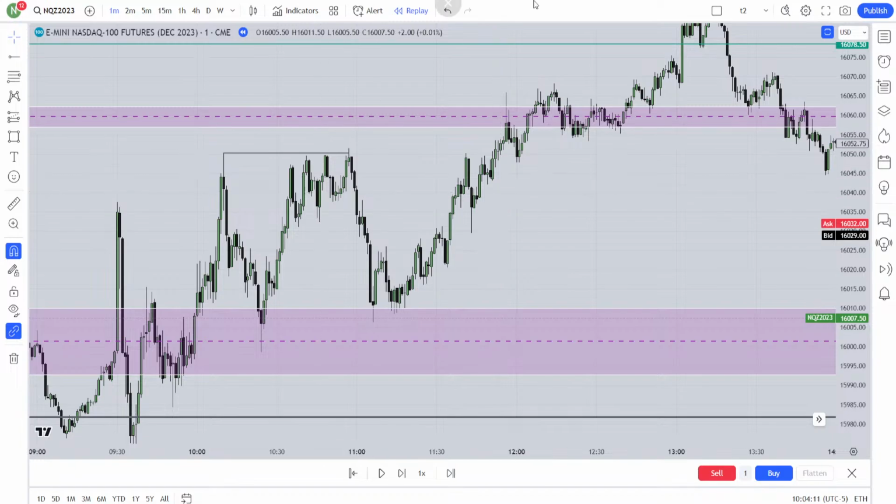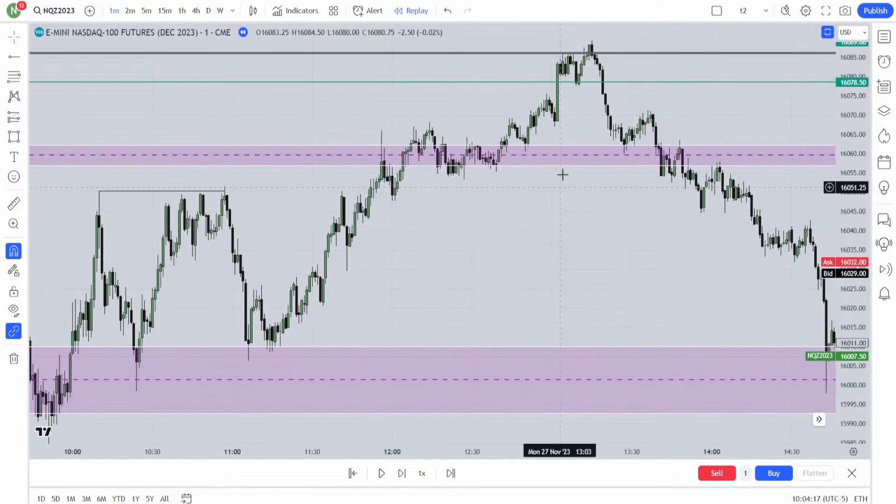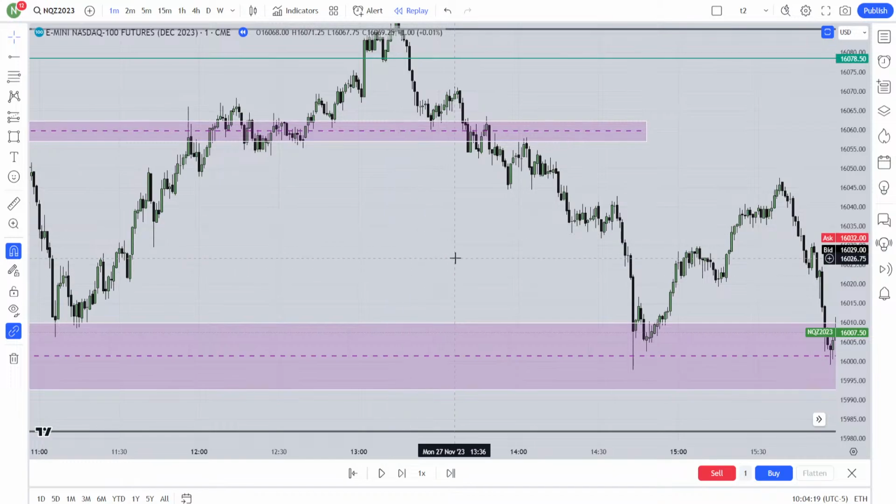Don't waste your time on this. This is not a playground, this is not heaven. You don't even need to stay here and watch what the price is doing if you are already profitable. Come tomorrow and try to take another entry tomorrow.